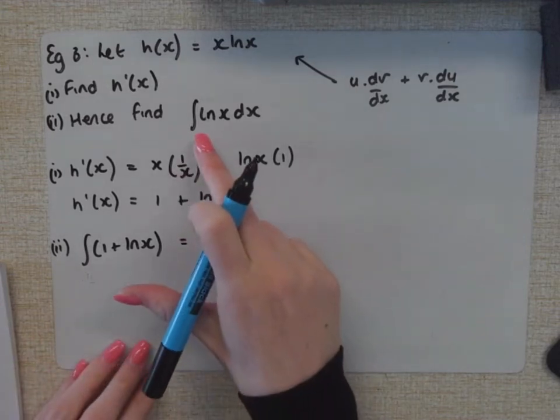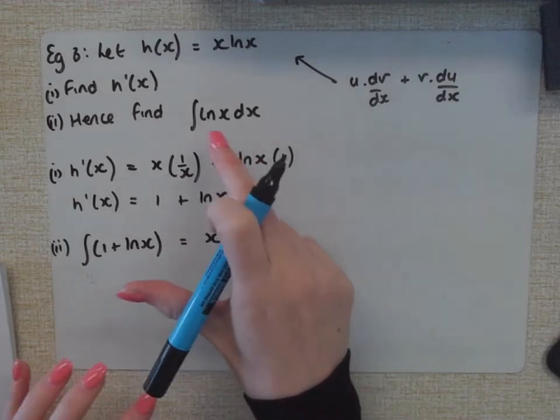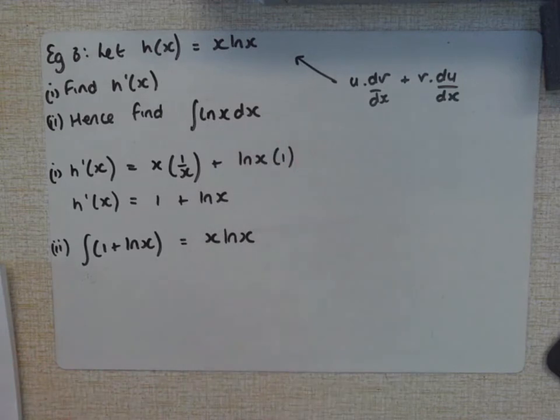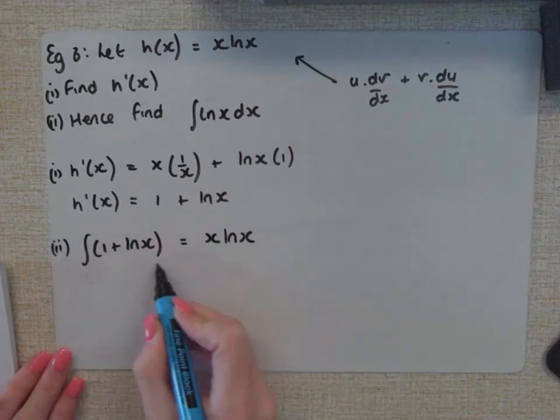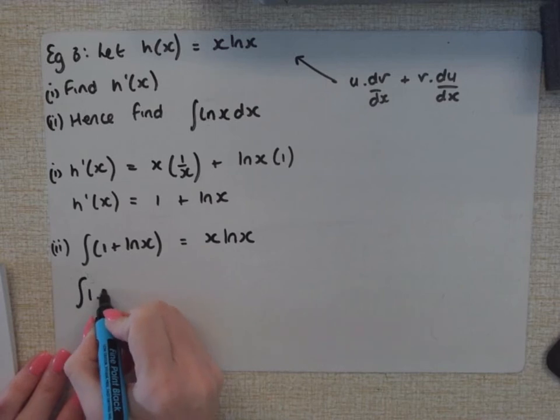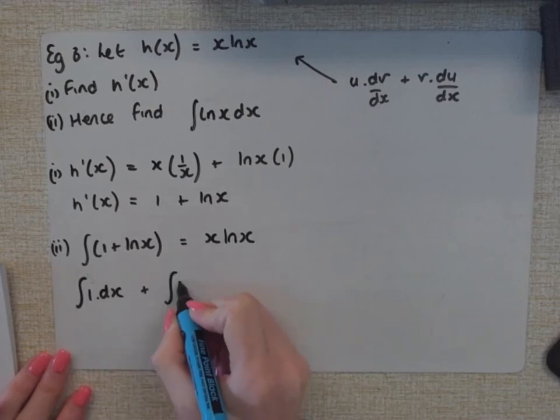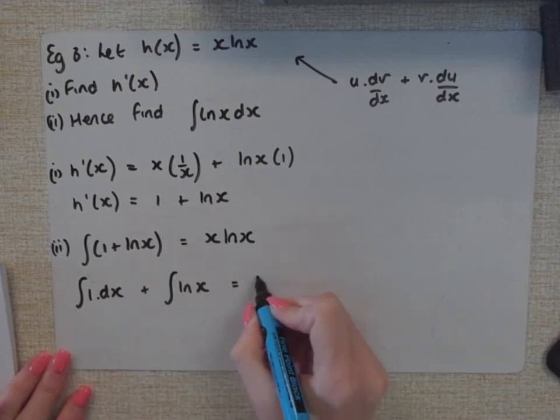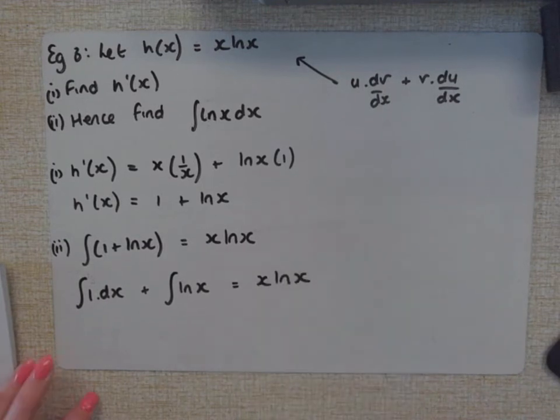What I'm actually interested in is the integral of ln x. Okay? So, I know when I'm adding two things underneath the integral sign, I can just integrate both of them separately. I do know I'm going to have to put a plus c in at the end, I'm just not doing it yet.